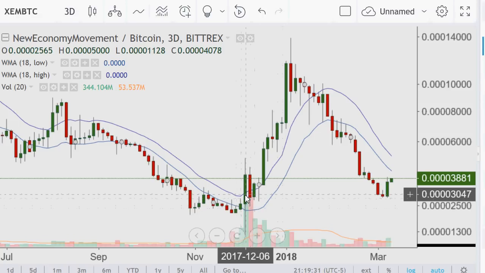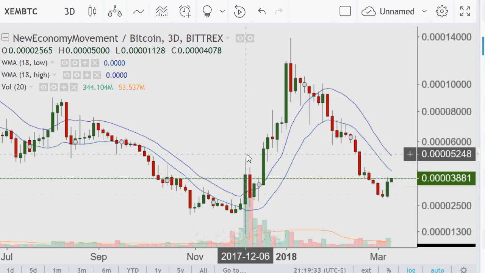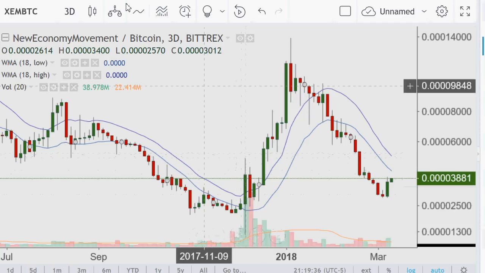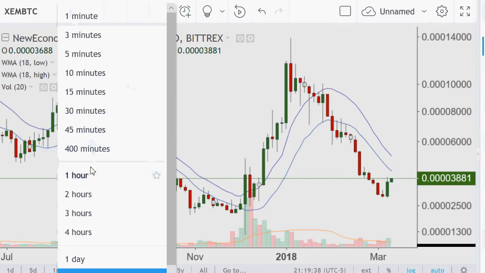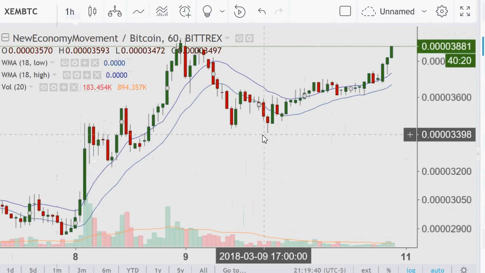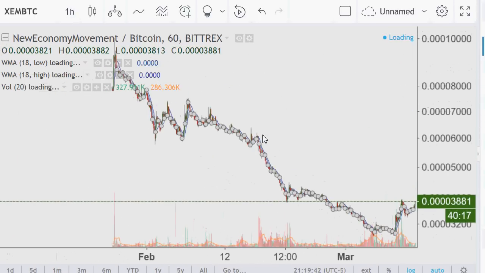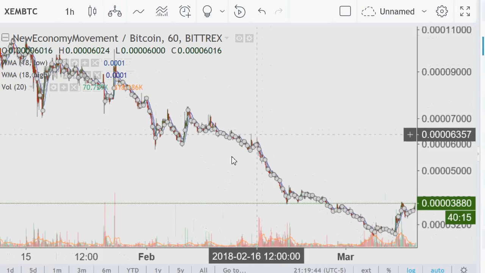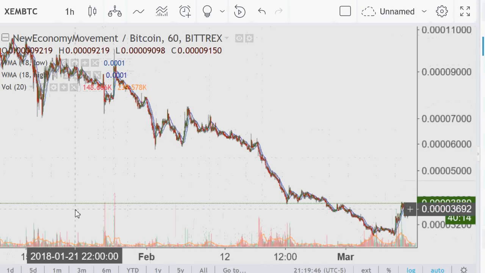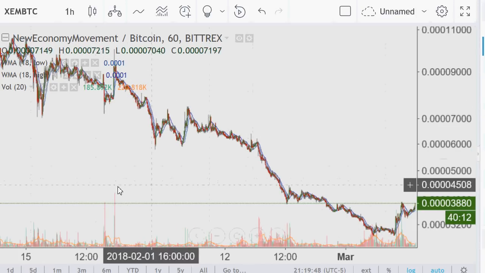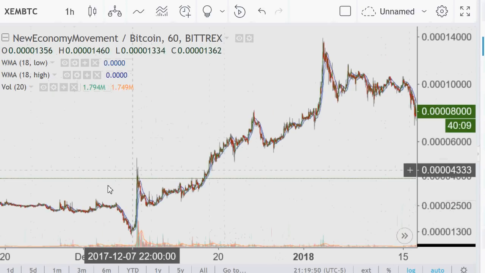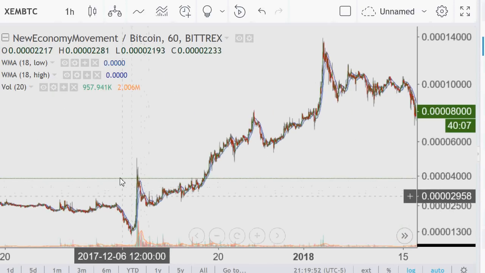Now the one privilege that I have is I can know the date's December the 6th. So I can take a look at this on a shorter term time frame and look back and see what happened on December 6th. So what I'm doing is I'm getting the maximum data that I can, and I'm just going to move this over and see if it'll give me, and yeah, here we are, December 6th.